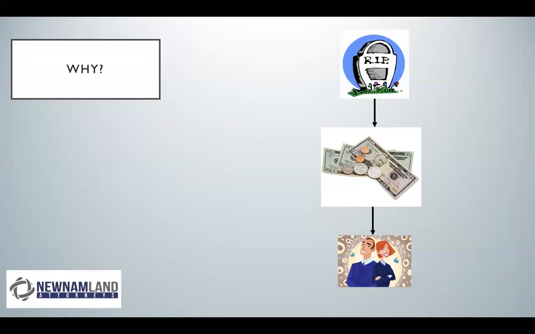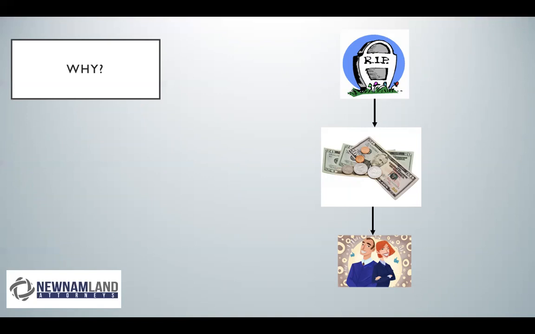Why do I need it proved that I am entitled to all of this? The short answer is to avoid fraud, right? To prove that it is the final will and testament of the deceased. So that's the biggest and primary reason.